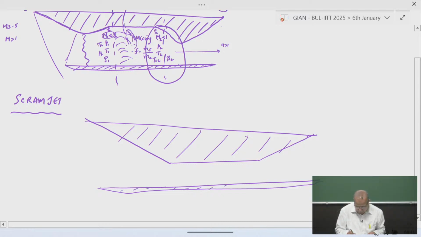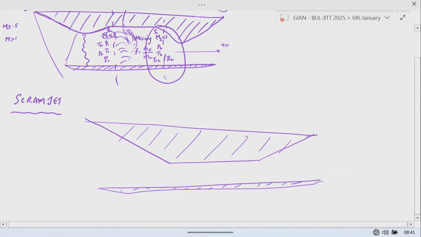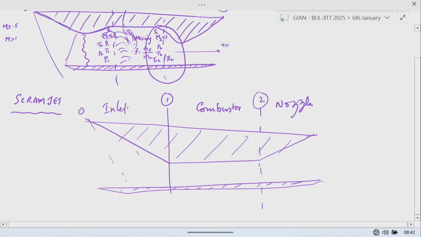Here again, this is the inlet part. Again there will be shock waves here. This is 0, this is 1, this is the combustor, and this is the nozzle. The same process happens here.